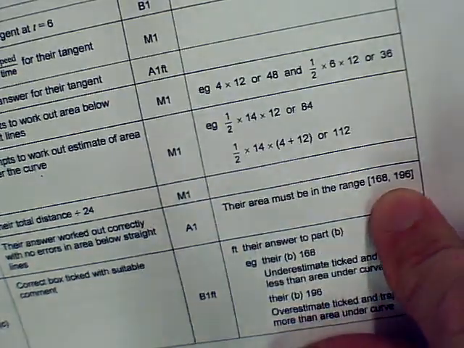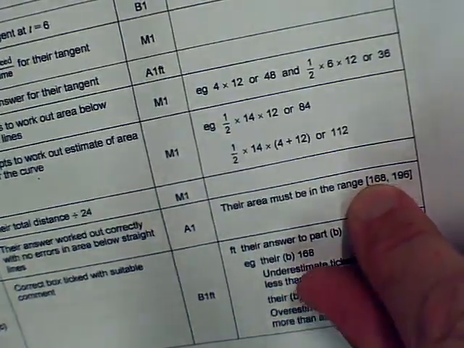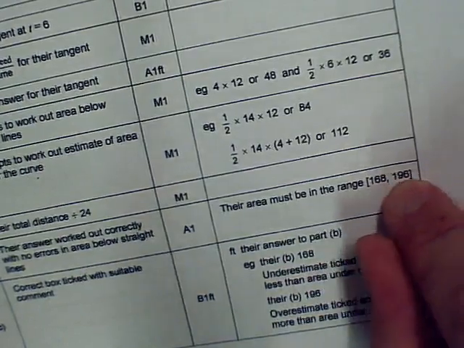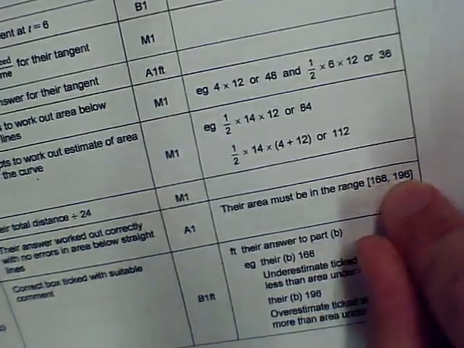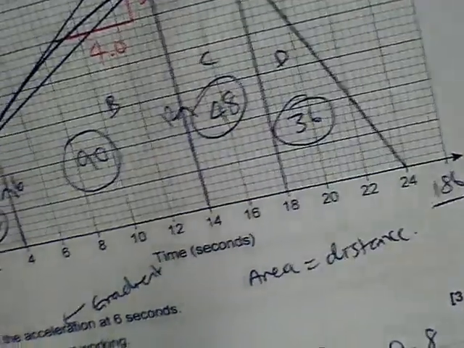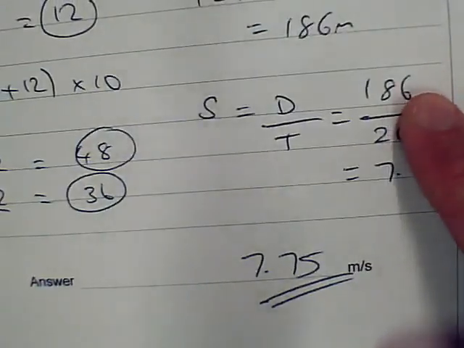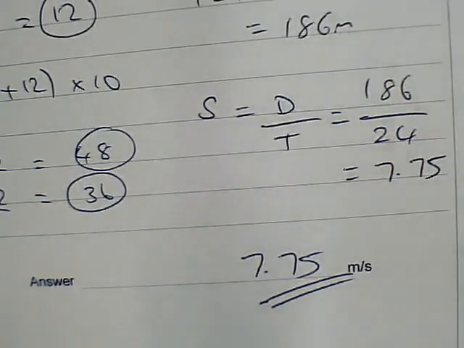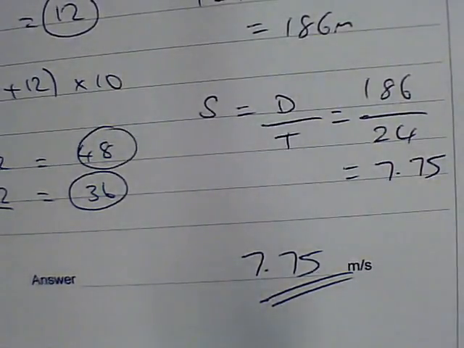And it also says the area must be in the range of 168 to 196. So if you've got an answer outside that, you won't get the fourth mark. So looking at what I did, I got 186, and 186 is within that boundary, so I would get the mark.